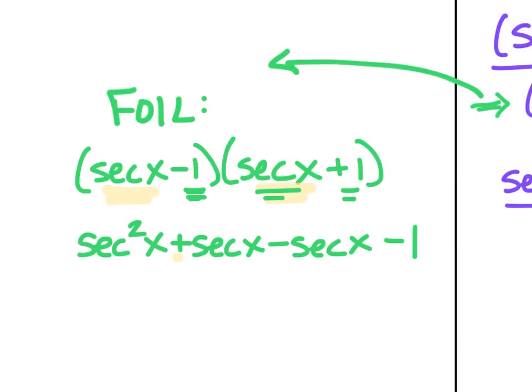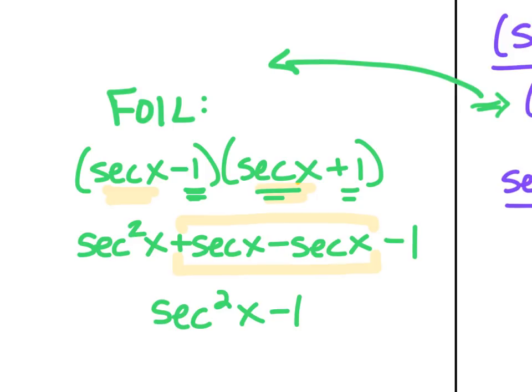Notice that you've got plus secant and minus secant inside the parentheses. Your two middle terms are like terms, and one's plus and one's minus, so they'll cancel each other out. And so when you FOIL that, your final answer here is secant squared of x minus 1.